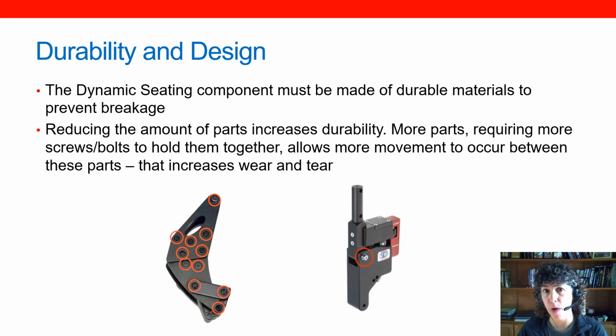So a round hole can quickly become an oval, and we have some movement that occurs within the dynamic component that's not occurring at the elastomer. This can lead to failure of the dynamic component, whereas on the right we have much fewer moving parts, less holes and bolts, all in an effort to improve durability of the dynamic component itself.